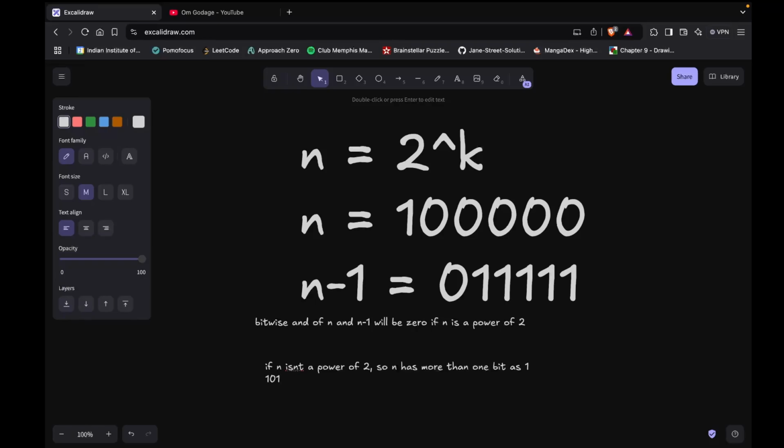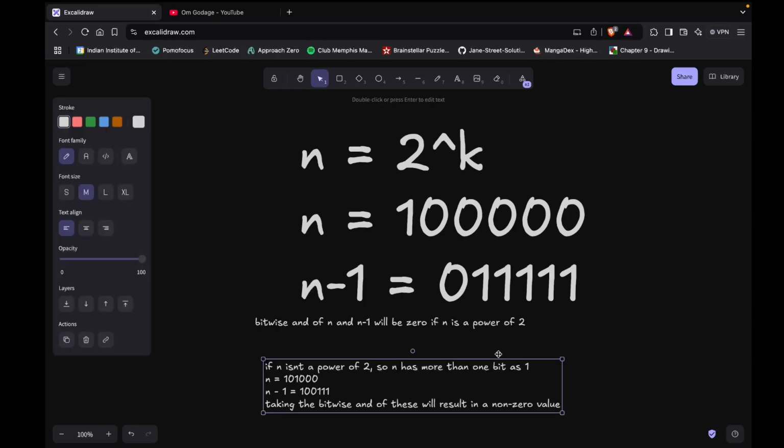Alright, so let's say your n is this, and then your n minus 1 will be 1 0 0 1 1 1. So what you notice is that the most significant one will remain, and taking the bitwise AND of these will result in a non-zero value.